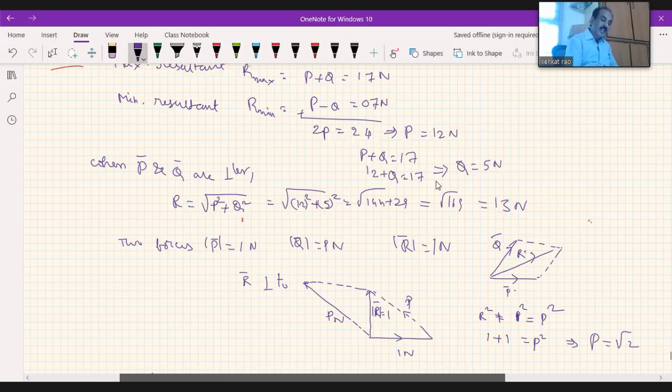So what is this angle? This angle is some alpha. Angle between vectors is this one and this one. This one is theta. First of all, I will calculate this angle, some beta.